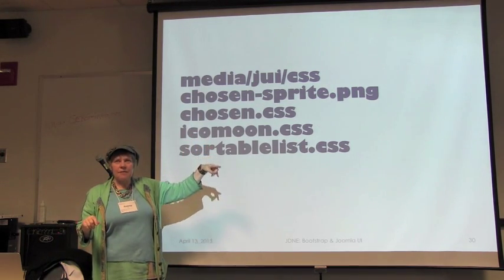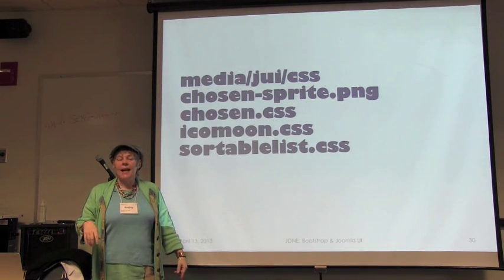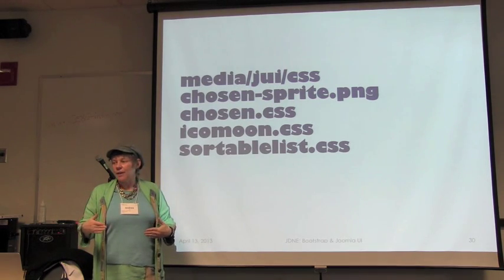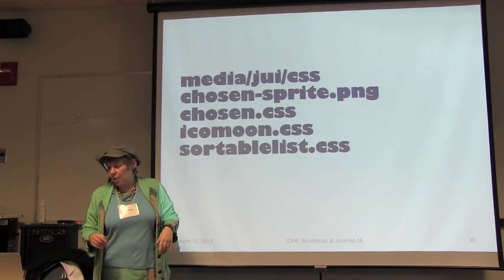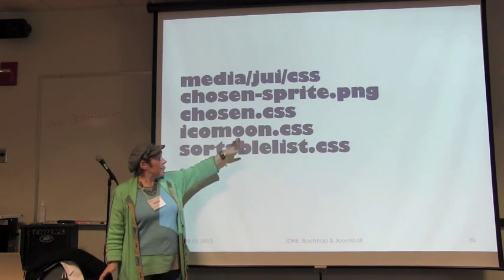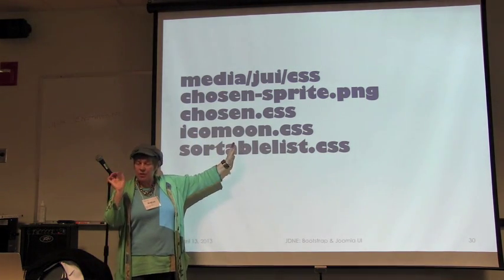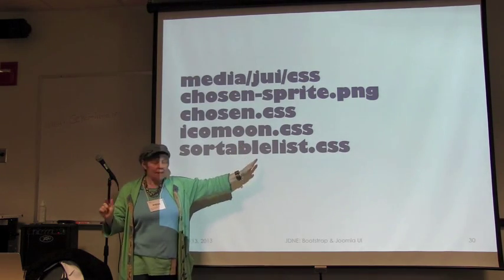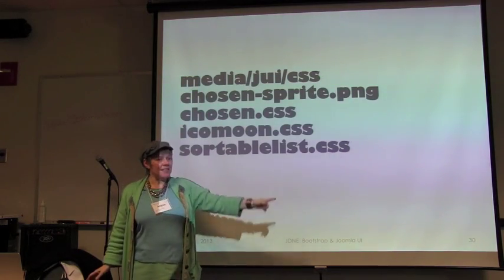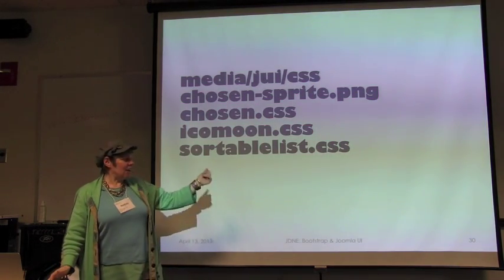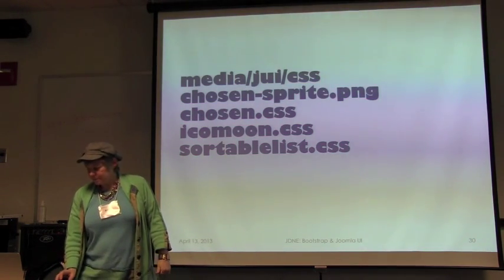That's not specifically Bootstrap, I don't believe. I think that's a JUI thing that got added. And it's a jQuery plugin, so you'd need to include that if you wanted to use it. IcoMoon is the images, some of those little font icon things, and the table, the sort table list, are different ways that you deal with doing the sorting for the tables in Joomla.